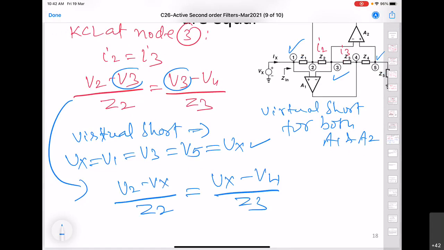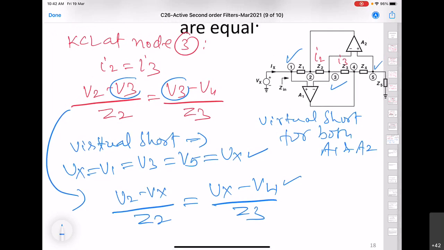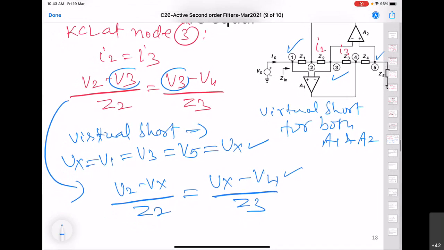Now we need to tackle V4. Here, the current through Z4 will be the same as the current through Z5, because again the current into the op amp is 0.